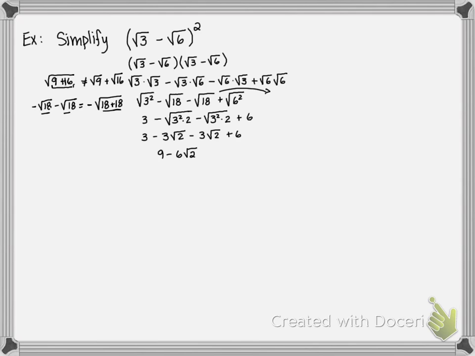Because we can only combine like terms. So these are like terms, which means we have 2 of them. Sorry, that's a negative. Which we could have done here. We could have said this is -2 root 18, and then simplified. I just got lucky then.